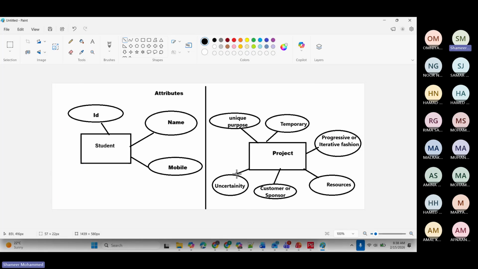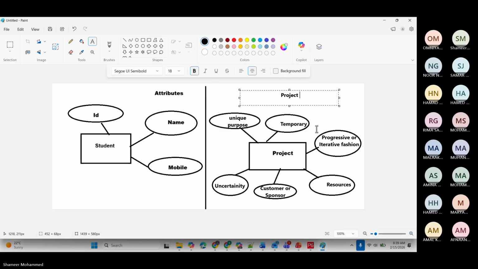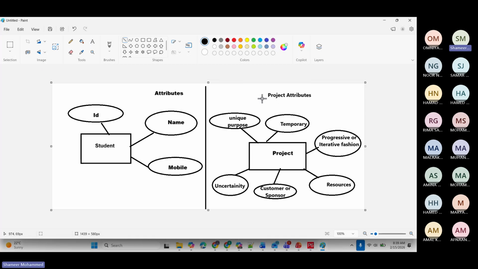Maybe you will be successful in the project, or maybe you may not be successful in the project. So these are what? Project attributes. This is important in the multiple choice, in the activities. You will get this type of question.